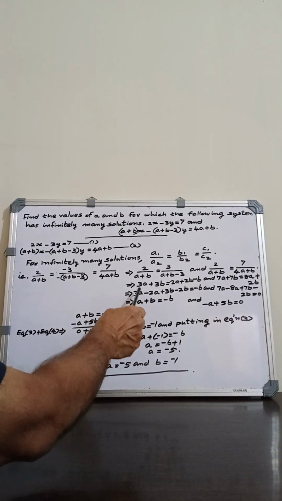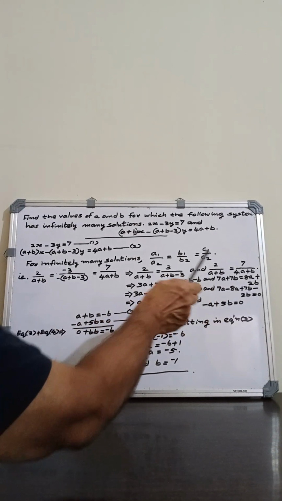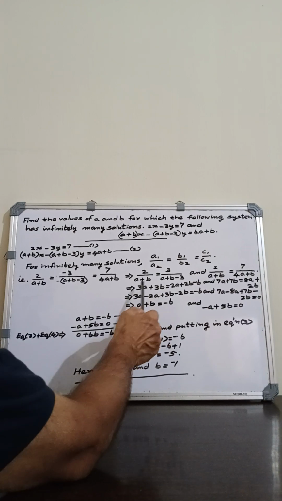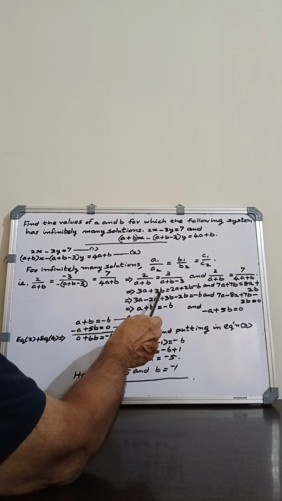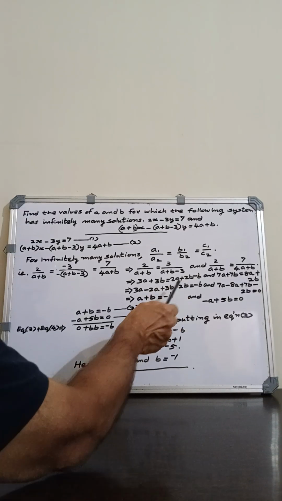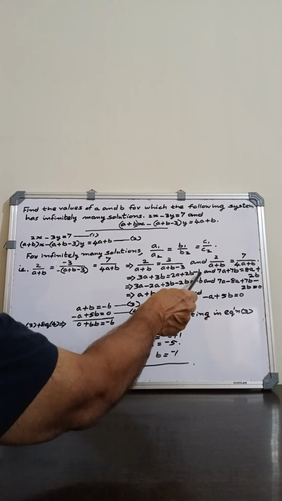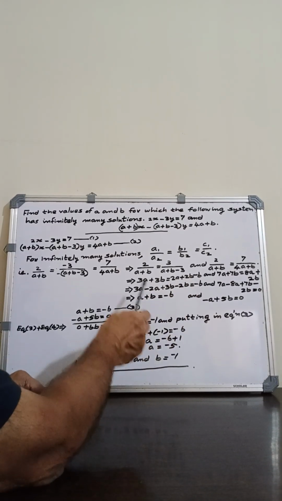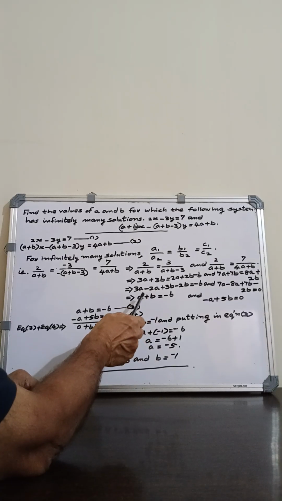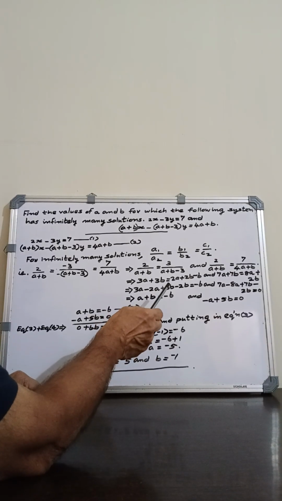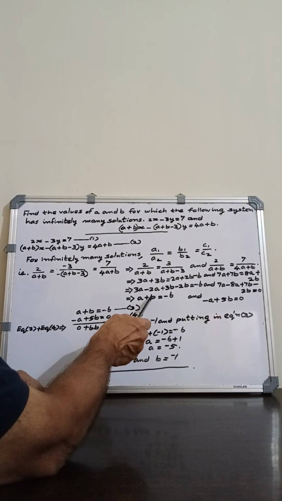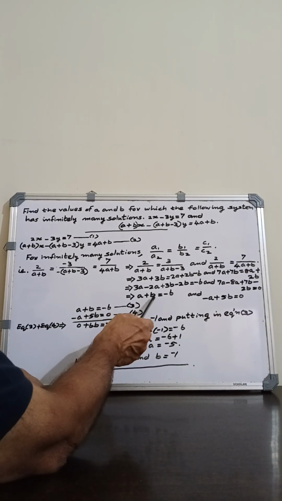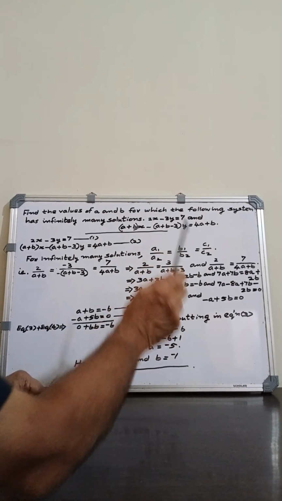Thus transposing, 3a minus 2a plus 3b minus 2b equals minus 6. 3a minus 2a equals a, and 3b minus 2b equals b. Therefore, a plus b equals minus 6.